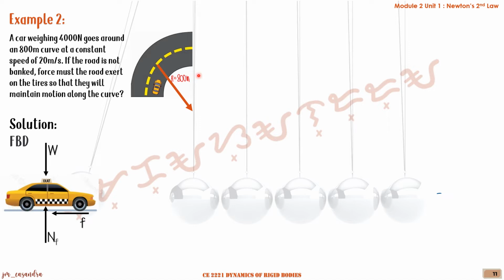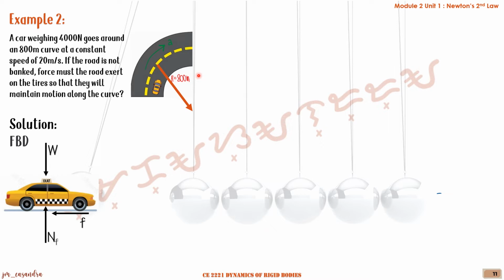Take note that our car is moving along a circular path. Therefore, its motion is not translational, meaning it's not along the horizontal and the vertical. The motion of this car is a rotational or circular motion.